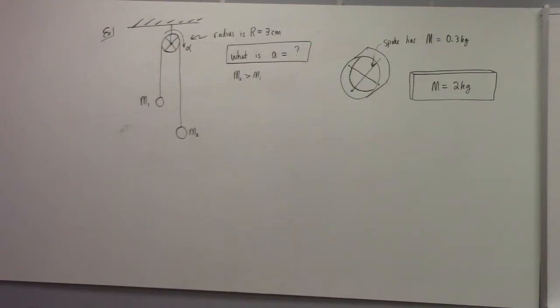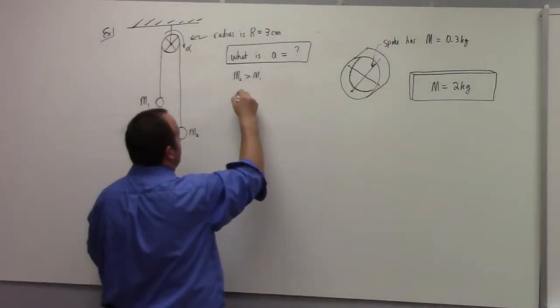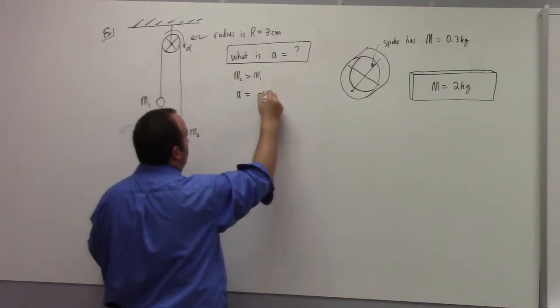How are alpha and a related? If the string is going over the pulley without slipping, the relation is that a is equal to alpha r.